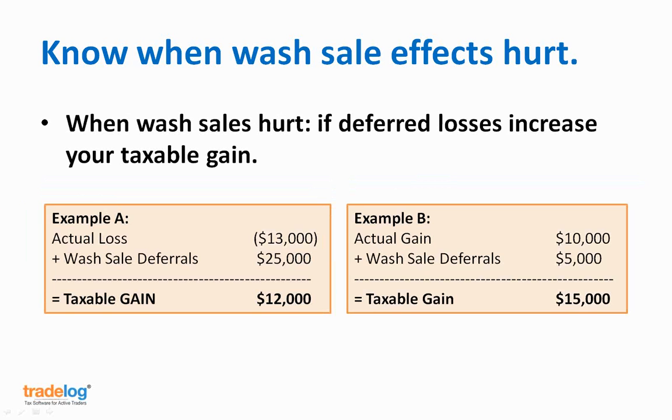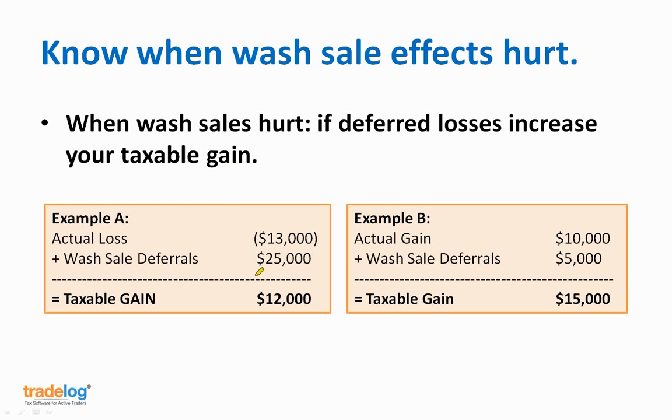So in this case, we add that $25,000 and that puts us at a taxable gain of $12,000. The IRS is going to tax you on $12,000 of either short-term or long-term capital gains, depending on the holding period, even though you actually lost $13,000. So that's definitely a bad scenario that you don't want.